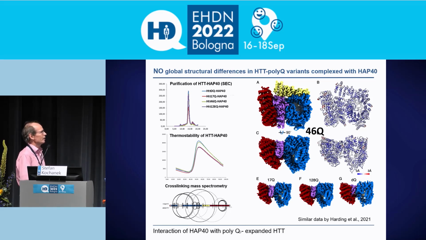Rachel Harding also published very similar data, also with some modeling on the disordered parts of the protein, maybe suggesting that under certain conditions there might be some interaction of expanded polyQ with some disordered protein regions. But I think it's not really clear. But overall, the structure of Huntingtin in a complex with HAP40, I would say, is pretty much identical.